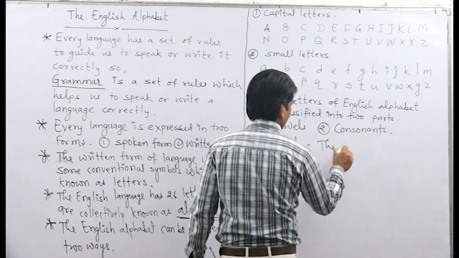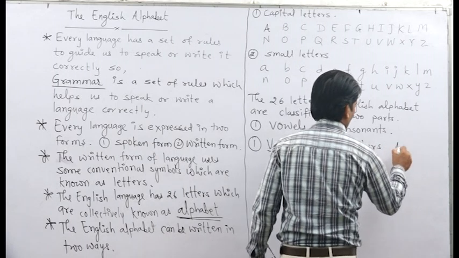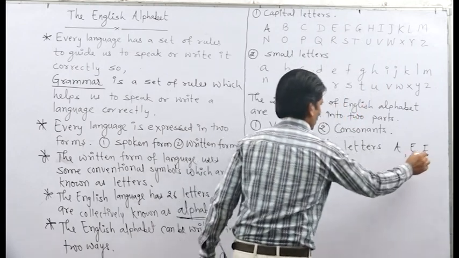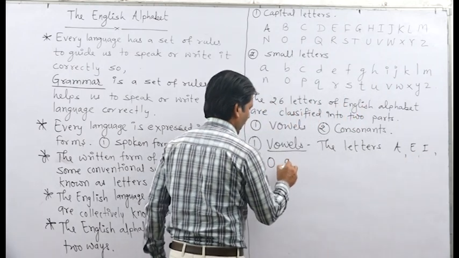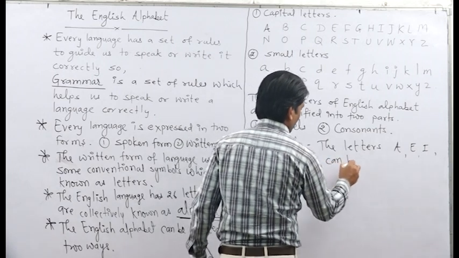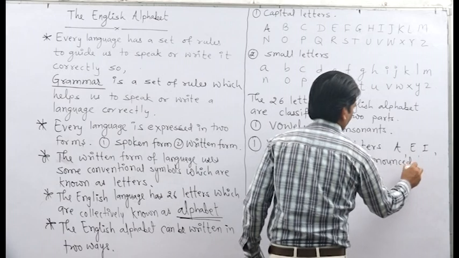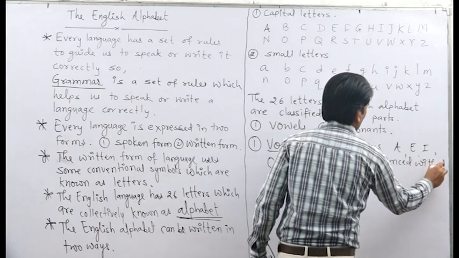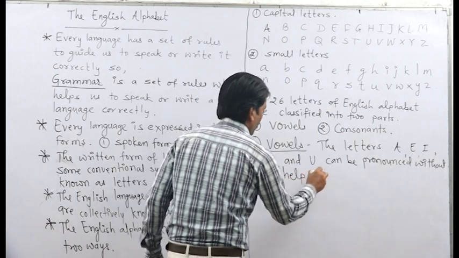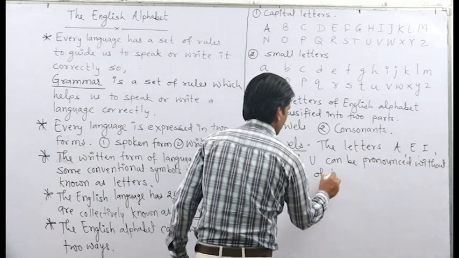The letters A, E, I, O and U can be pronounced without the help of other letters.